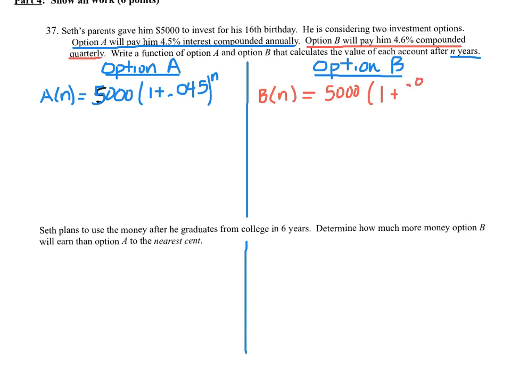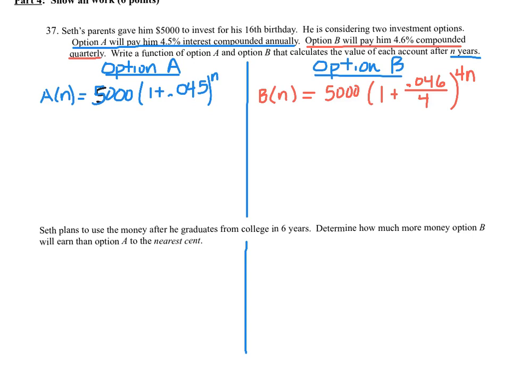So unlike option A, where that 0.045 is technically over 1, this is 0.046, and this is going to be over 4 because the interest is being compounded quarterly, 4 times a year. And then, remember the formula also would state that we raise this entire parentheses to the 4n power. So there are your two equations.